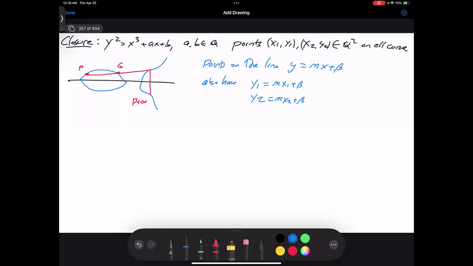What do you think is true about the slope and the intercept? What kind of numbers do you think those are? Rational. So how would you prove it? Which one would you prove first? So you want to show that m and beta are rational. How could we do that?